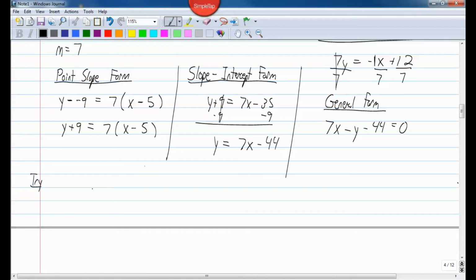I want you to try this one. The directions are the same.